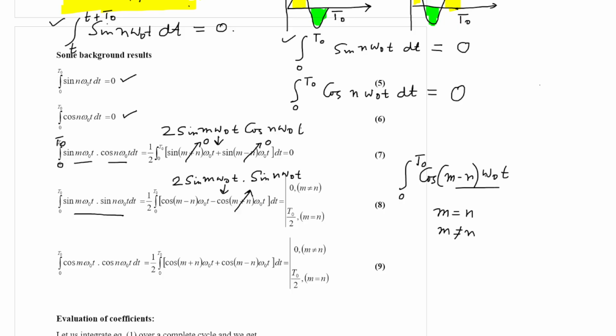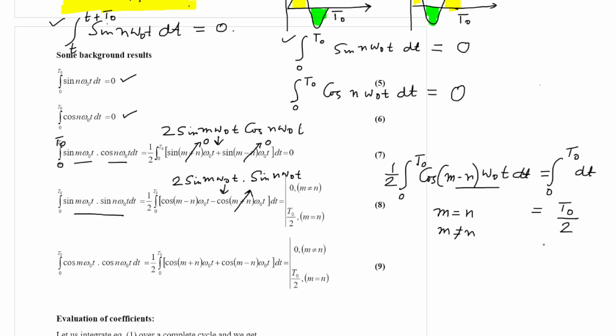So when m becomes n, it will be cos 0, and cos 0 is 1. So this integral becomes the integral from 0 to T naught of only dt, which comes out to be T naught. And outside we have a half, so we will have T naught by 2.